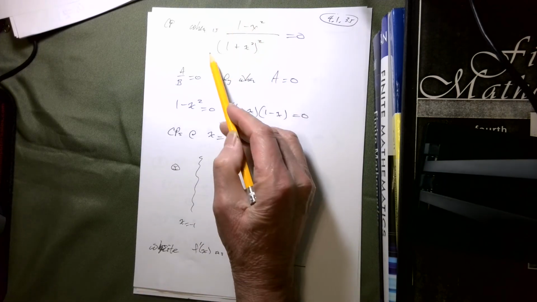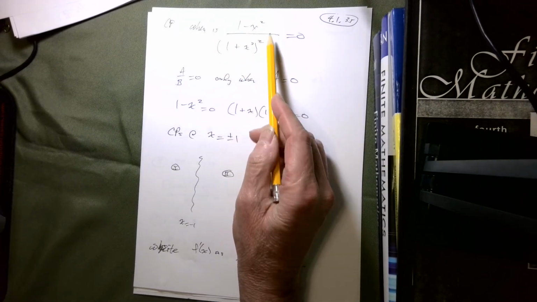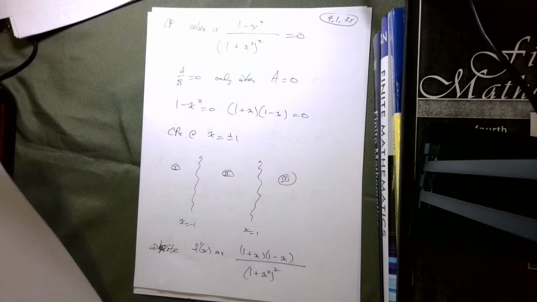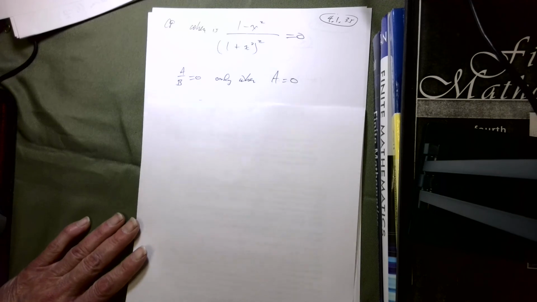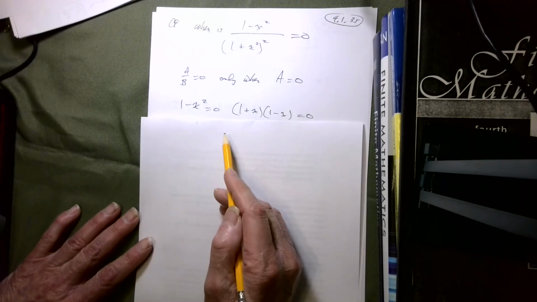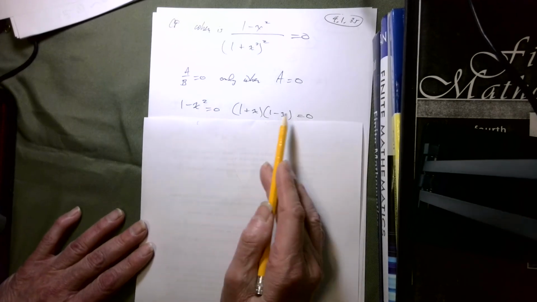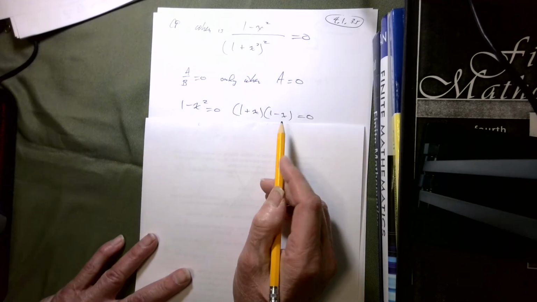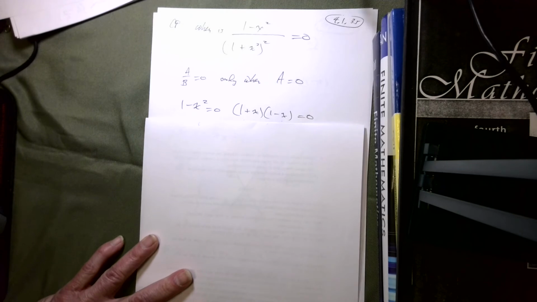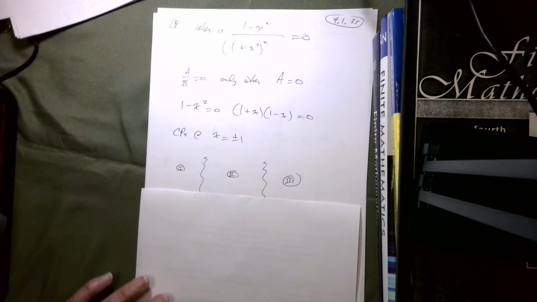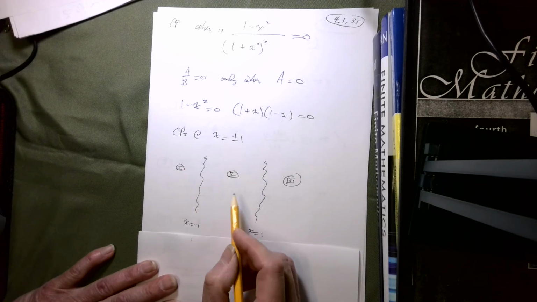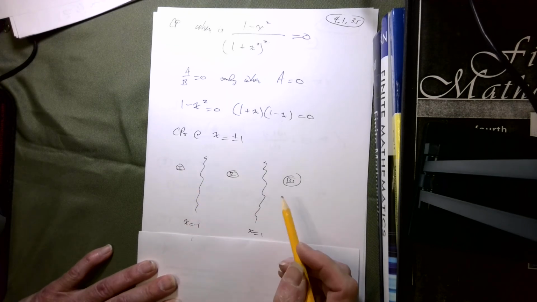So I'm going to set the derivative equal to 0. This is a fraction. When is a fraction 0? When the numerator is 0. So in other words, I set 1 minus x squared. Now we're not going to go through the long division. This is just a difference of two perfect squares. It means either x is 1 or x is equal to -1. In other words, we have what? 3 regions here, right? We have in here, here, and here.